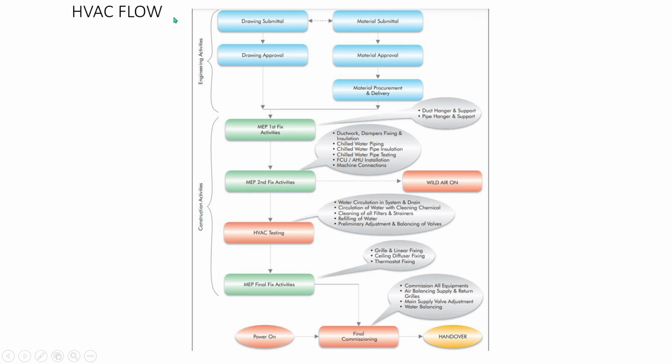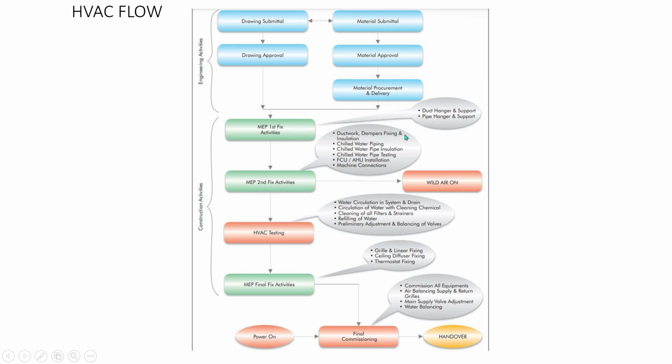The next one is the HVAC flow. Drawing submittal, drawing approval, then here comes the material submittal, material approval, material procurement. So these are all engineering activities. Construction activities: MEP first phase, MEP second phase, then HVAC testing, MEP final fixes, then power on, final commissioning, handover.